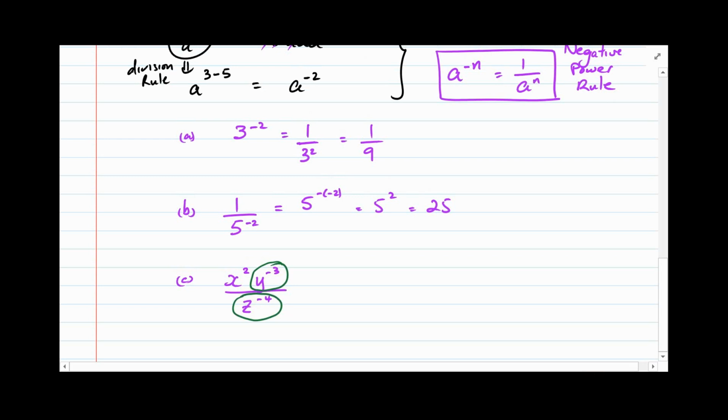So both y and z have negative powers, and what will happen is I will move their relative position. If it's in the numerator with a negative power, we can get a positive power by putting it in the denominator, and vice versa. If, for example, here z is in the denominator, it's to a negative power. If I move it to the numerator, I get the opposite.